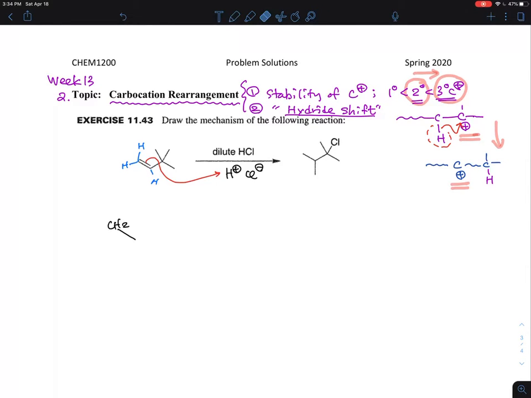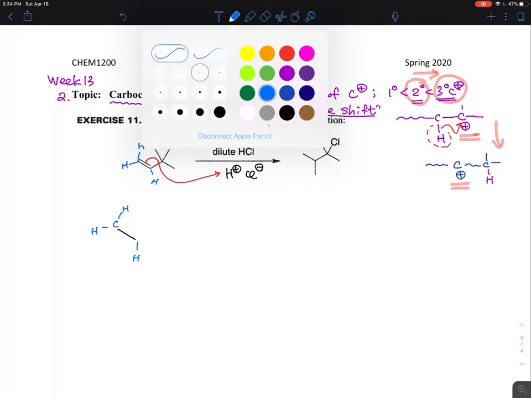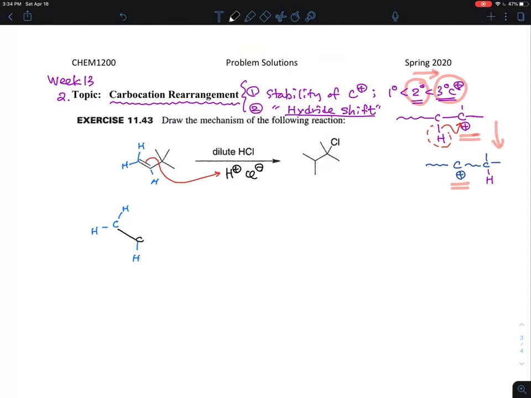To be consistent, you have a CH and H, and then you have a C, the carbon with three methyl groups, right? So that's CH3, CH3, CH3. That's all the things that have been combined.